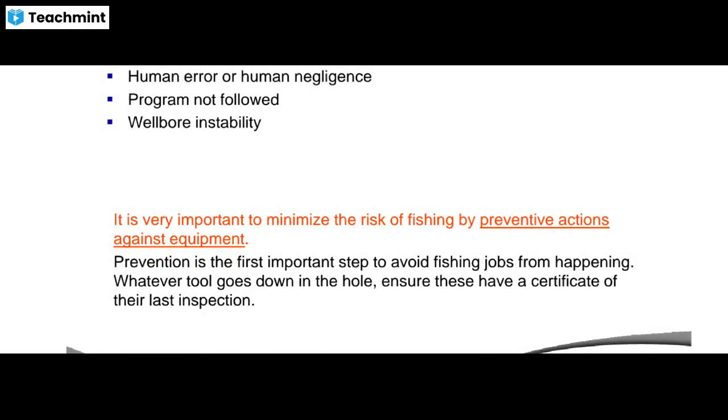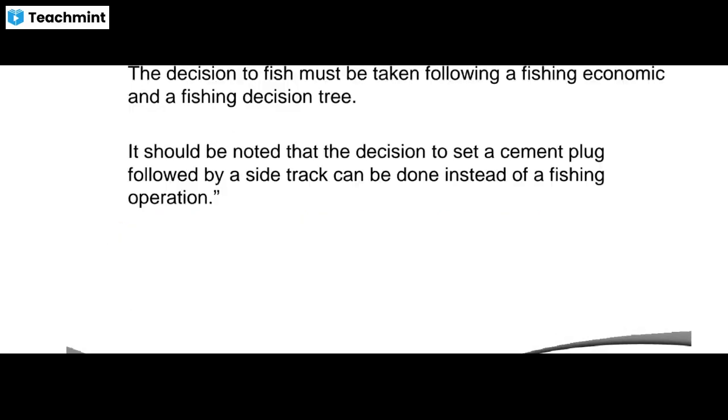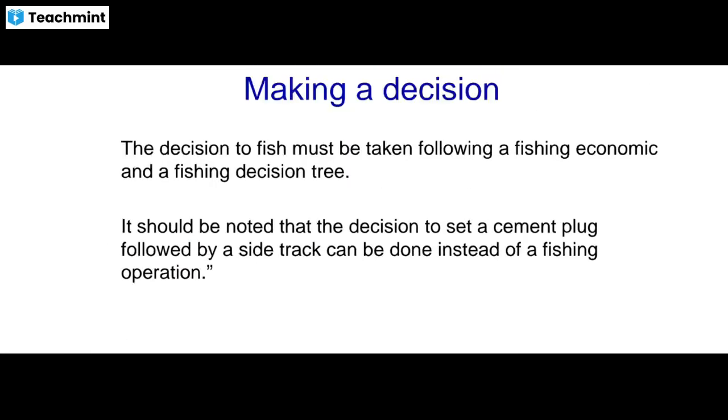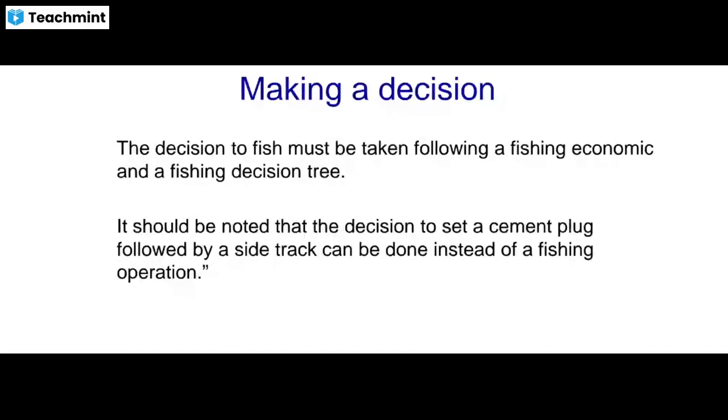Prevention is the first step to avoid the fishing jobs that can happen in oil and gas well drilling. So for whatever tools you are going down in the hole, we can make a certificate of their final inspection.